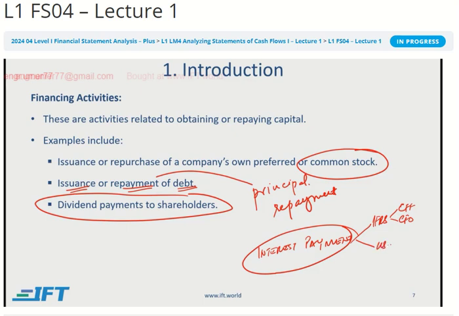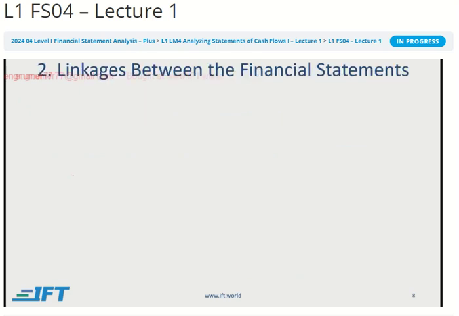You can choose, but US GAAP does not give you an option here. It insists that interest paid is cash flow from operating activities, but principal repayment is a financing activity. And issuance is, of course, definitely a financing activity.